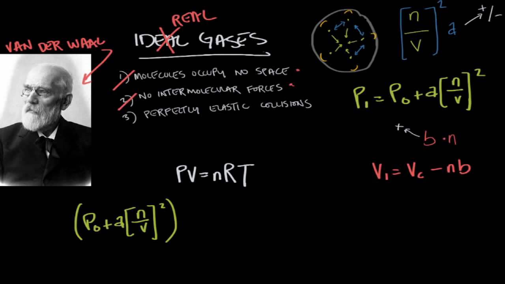The ideal volume is the volume of the container minus the number of particles times the bigness coefficient: V container minus NB. The product of the corrected pressure and corrected volume is equal to nRT.